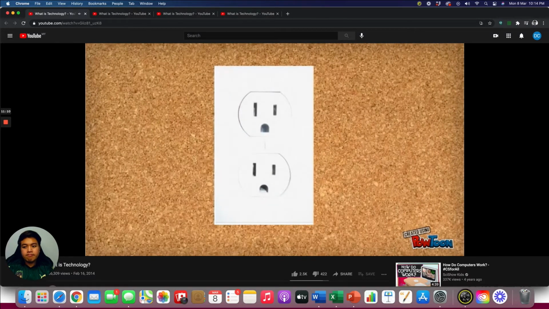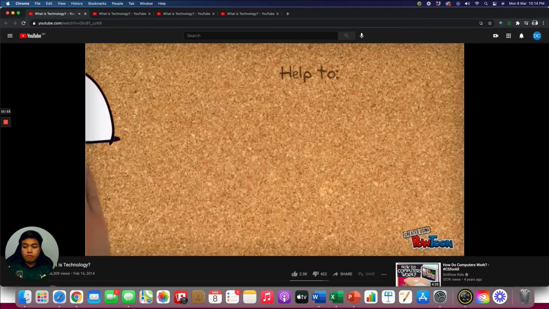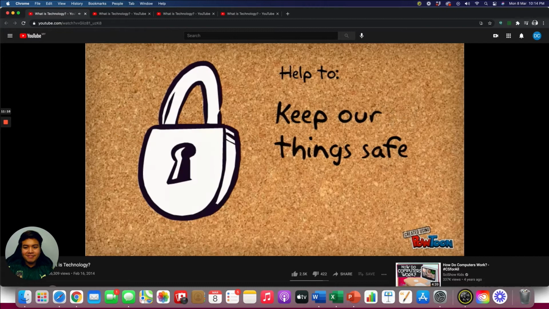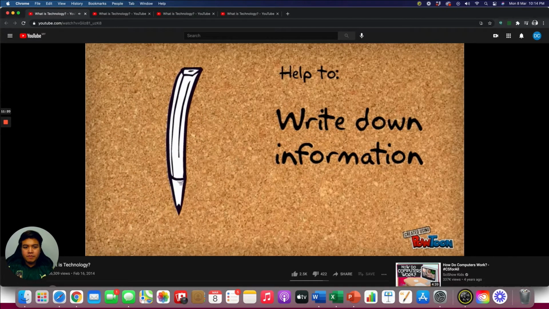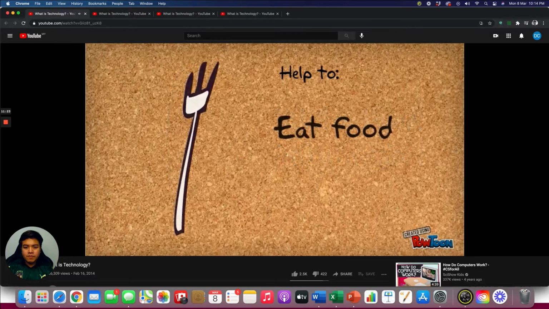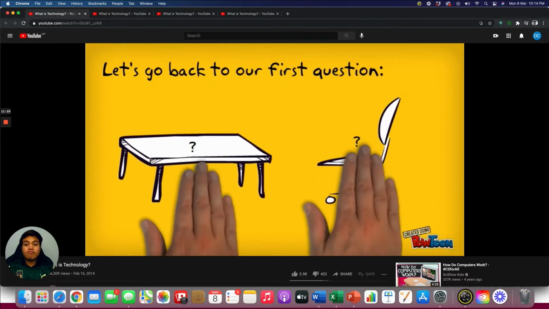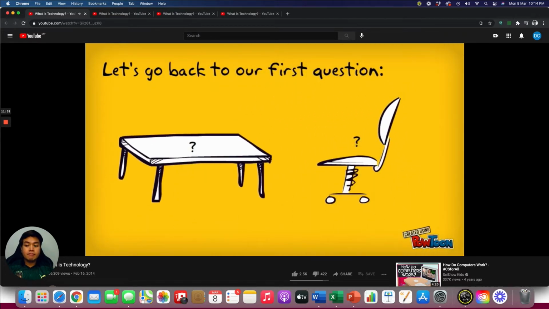But some technologies do not have wires at all. Umbrellas help to keep us dry in the rain, and a lock helps to keep our things safe. A pencil helps us write down information, and a fork helps us to eat food. So let's go back to our first question. Is a chair and a table a technology?